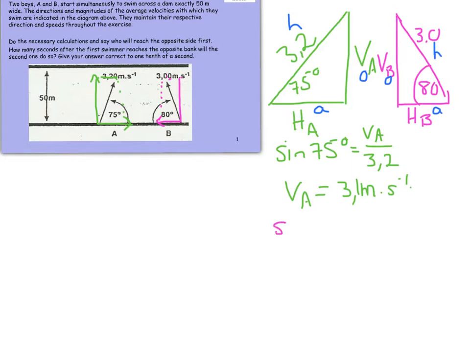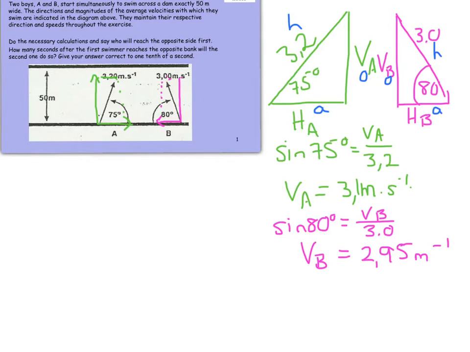I can say sine of 80 degrees is equal to the vertical of B divided by 3,0. And when I punch that into my calculator, check that you can do this on your calculator. The vertical of B is going to land up being 2,95 meters per second.